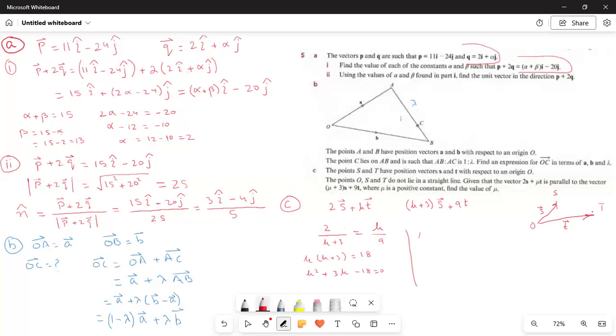The factors will be (mu plus 6)(mu minus 3) equals 0. So mu equals minus 6 or plus 3.